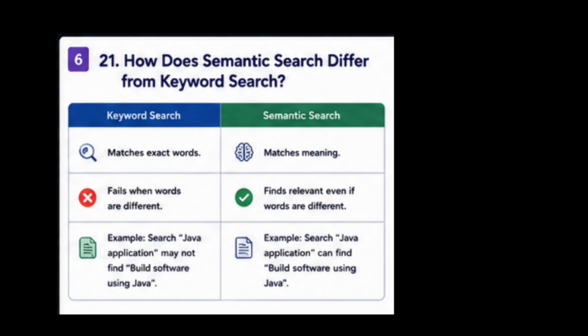The document says "simplifies Java application development," while the question says "create a Java application easily." Semantic search understands that the meanings are related. It compares embeddings instead of simply matching exact words. This is why semantic search is much more powerful for natural language applications.